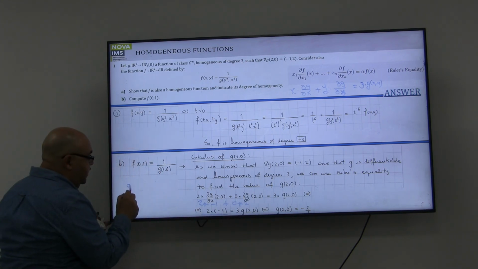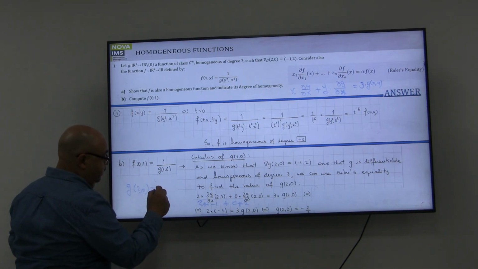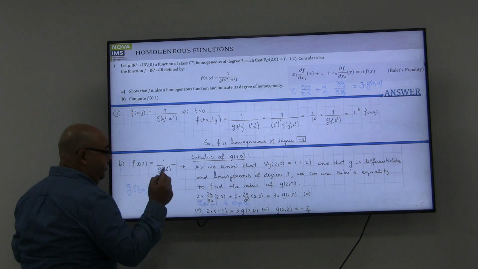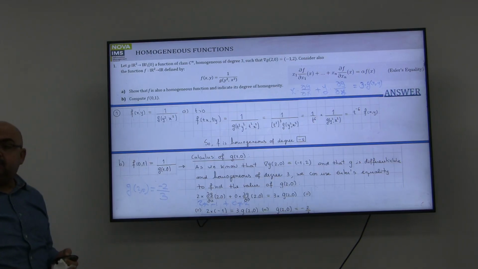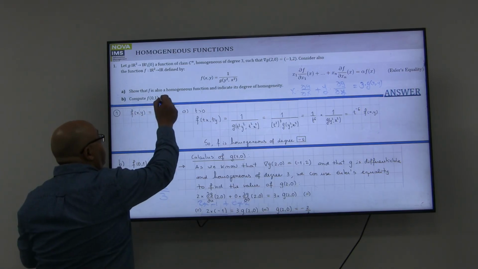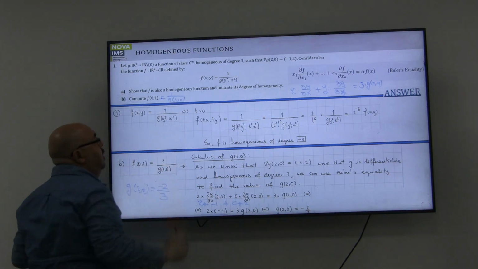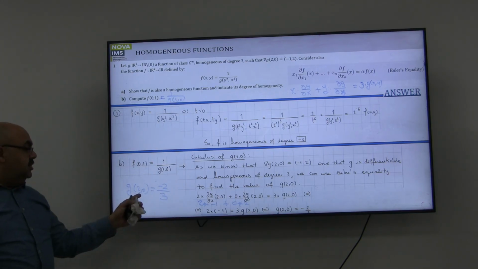Remark, that's the g of 2 and 0, which is equal to -2 over 3. Am I right? Okay, but I need to find the value at 0 and 1. The value at 0 and 1 is equal to 1 for the function g at 1 and 0. Am I right? But this is 2 and 0.